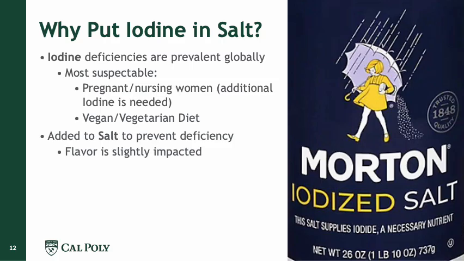Pregnant or nursing women, and also people on a vegan or vegetarian diet. As I mentioned before, it's added to prevent deficiency. Iodine and salt is just an example, and it may impact the flavor slightly, but not to a degree where it is unbearable.